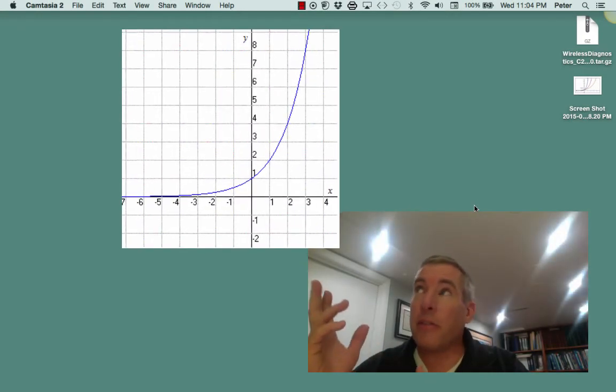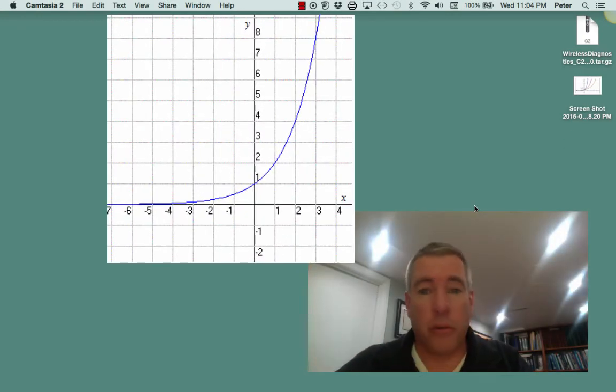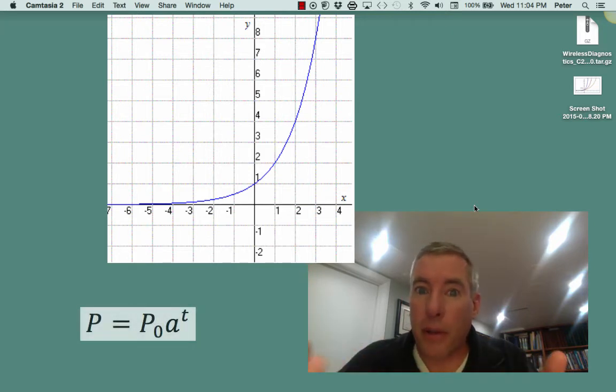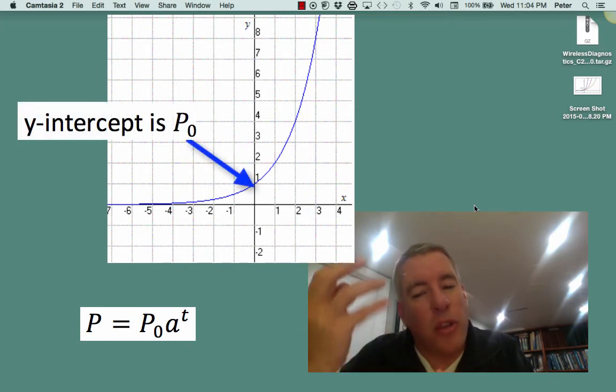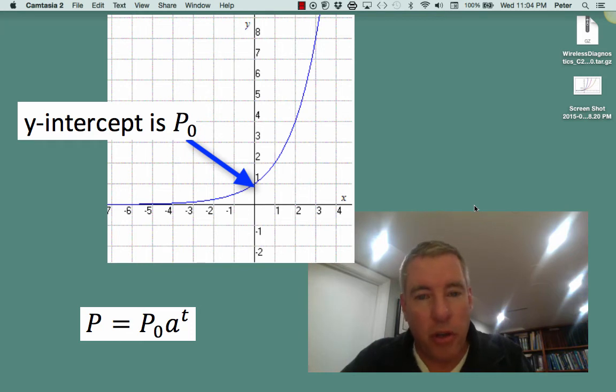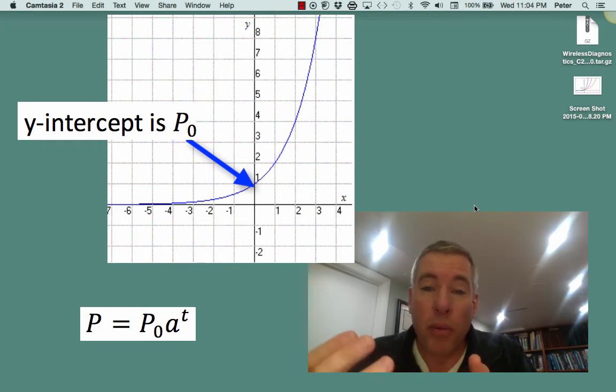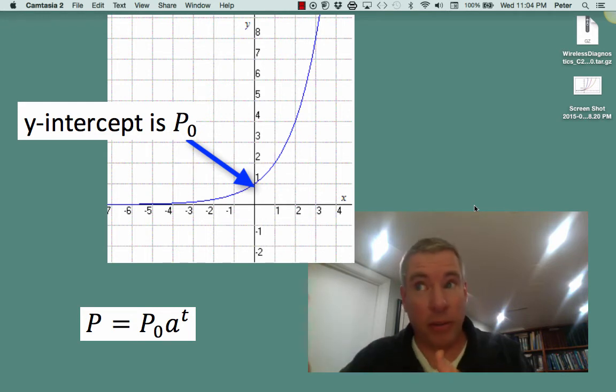Okay, this is your basic exponential function, kind of in a very general form. As you can see, it kind of hugs along the x-axis before crossing the y-axis at (0, 1). Now, that (0, 1) is going to be if the value of p naught is 1, because that a to the t part of the function is going to equal 1 when t equals 0, because anything raised to the 0 power is 1.